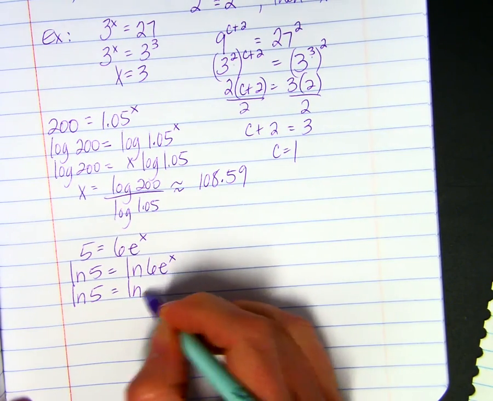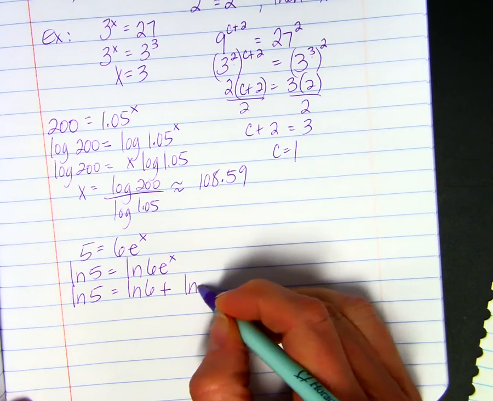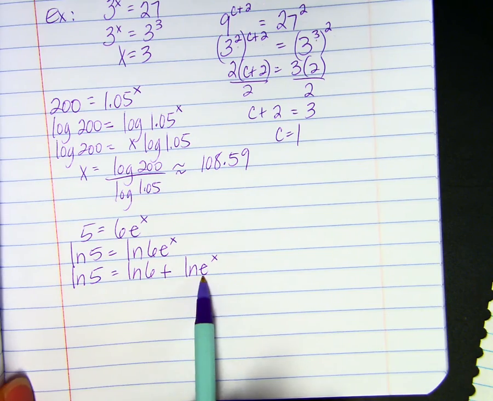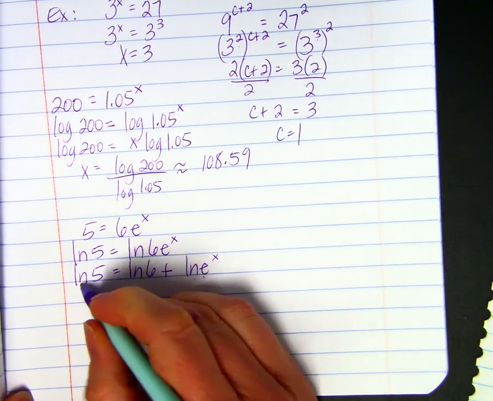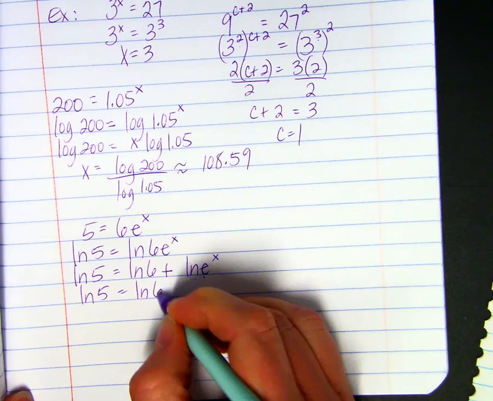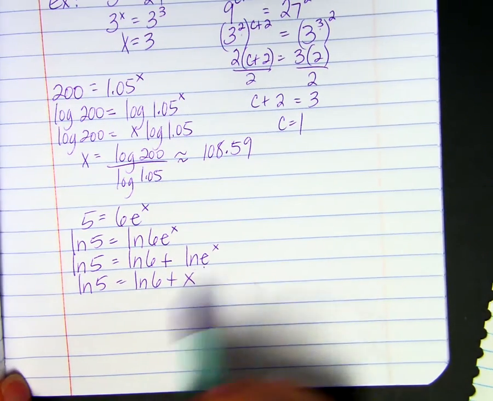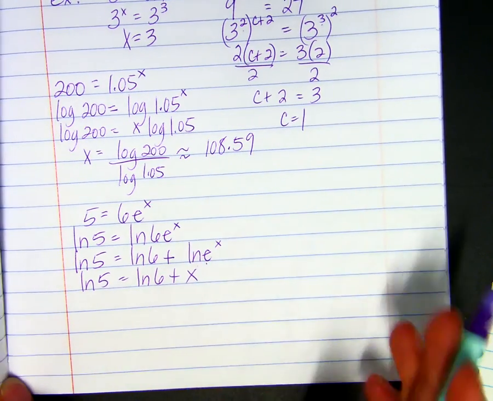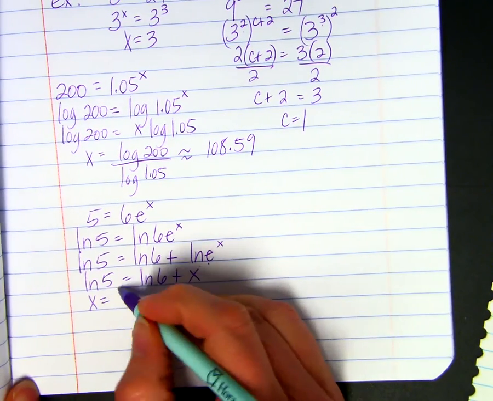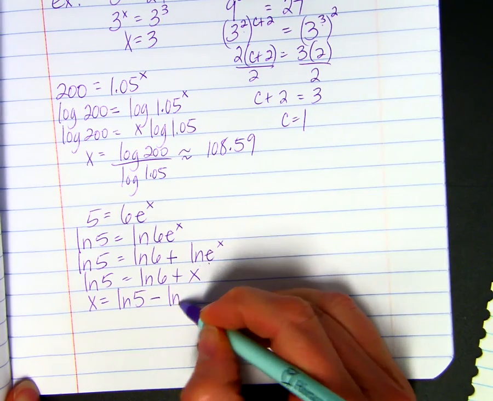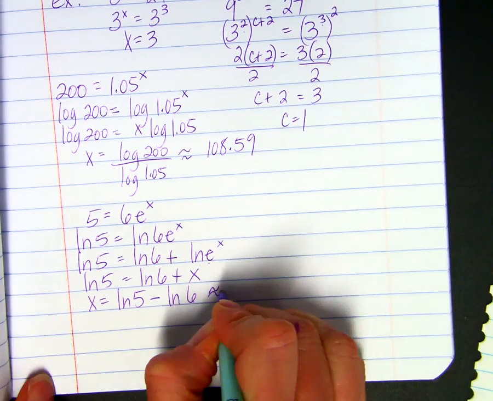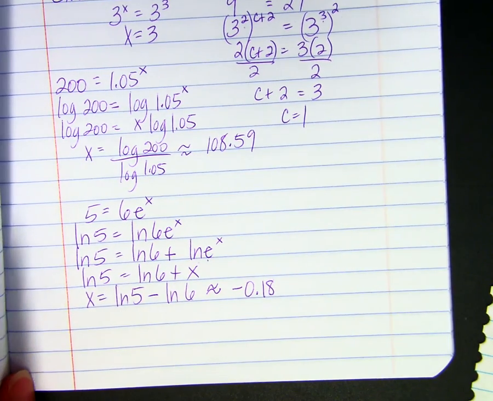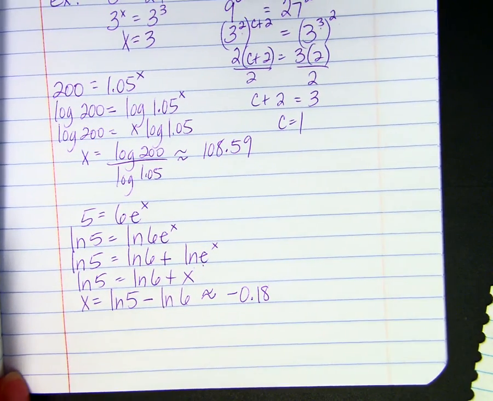Natural log of 5 equals natural log of 6 plus natural log of e to the x, which is just x. So natural log of 5 equals natural log of 6 plus x. Then when we're trying to solve for x, we could subtract natural log of 6 from natural log of 5 to get x. So that's going to be approximately negative 0.18. And that's the end of the lesson.